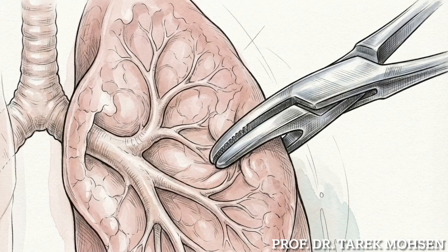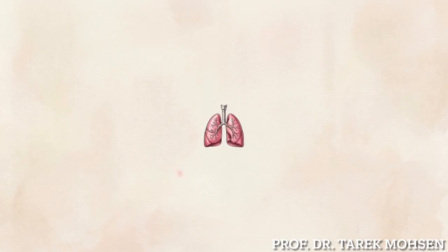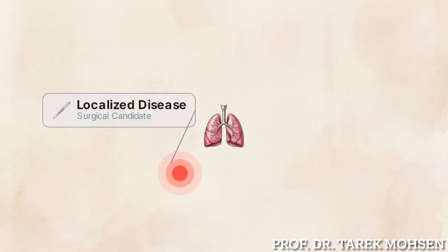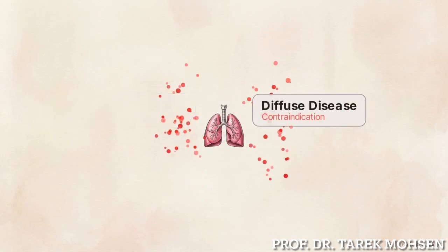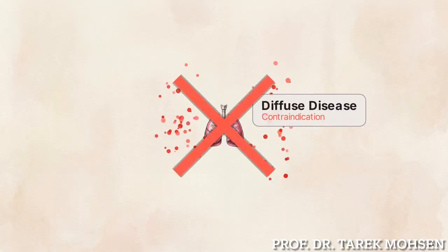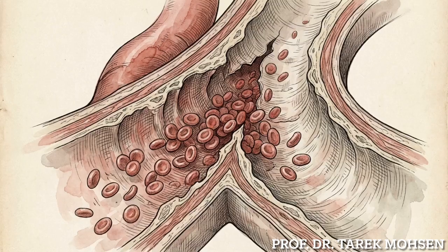Surgical resection is the only way to physically remove an unsalvageable vortex entirely. The absolute prerequisite for surgical consideration is that the disease must be strictly localized to a single lobe or segment. Diffuse disease is a contraindication for resection. A primary trigger for surgical evaluation is life-threatening hemoptysis.